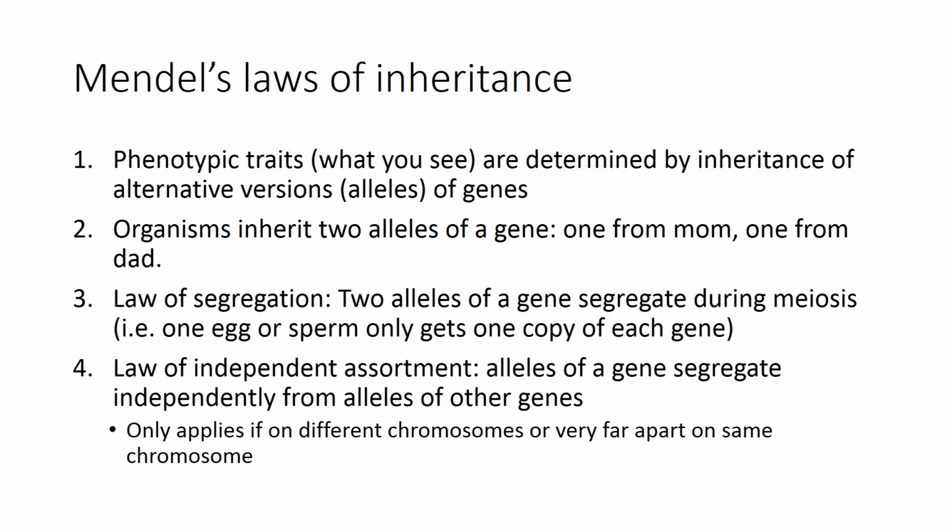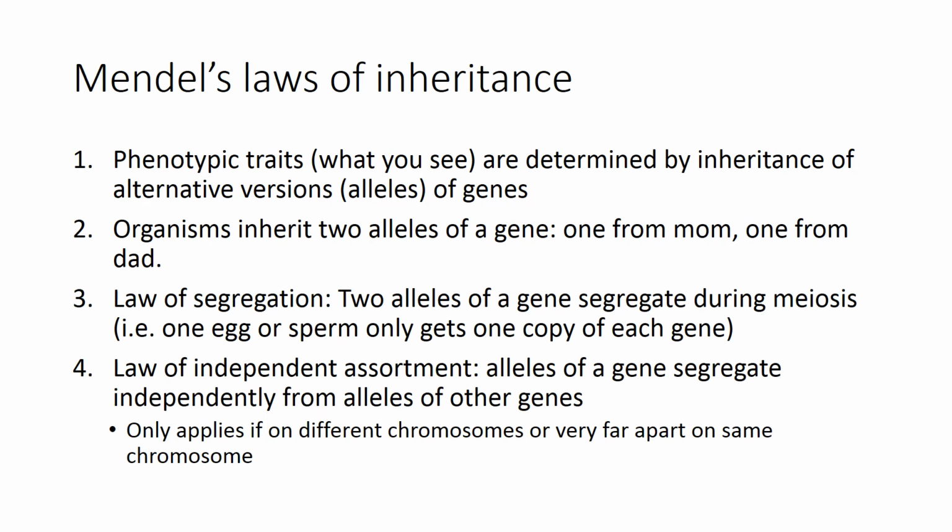Meaning if I'm looking at the alleles for hair color and then the alleles for height, you could have any combination. So if your dad was really tall and had brown hair and your mom's short with blonde hair, you could be tall with blonde hair, short with blonde hair, tall with brown hair, or short with brown hair.